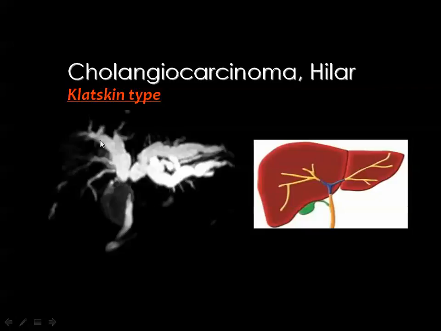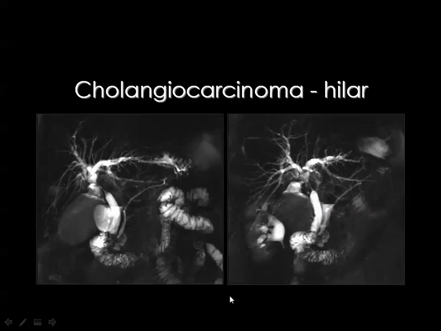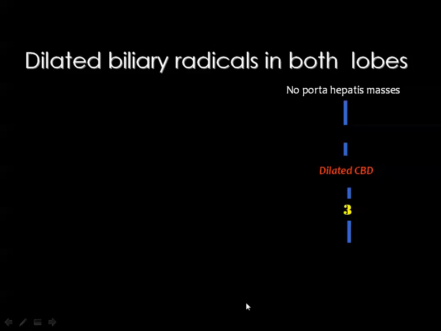You see dilated intrahepatic biliary radicals in both lobes, and the stricture at the hilum of the liver. Then this is hilar cholangiocarcinoma, or the Klatskin type. And this is an MRCP showing the classic appearance of cholangiocarcinoma at the hilum, dilated intrahepatic biliary radicals, a stricture here and there, as well as in the proximal part of the common bile duct.